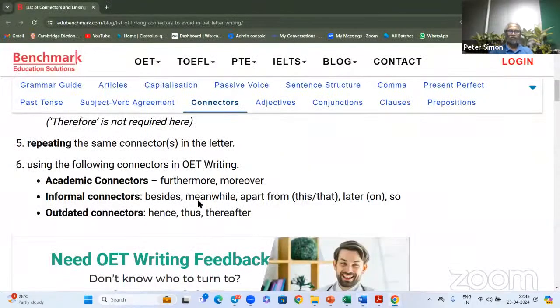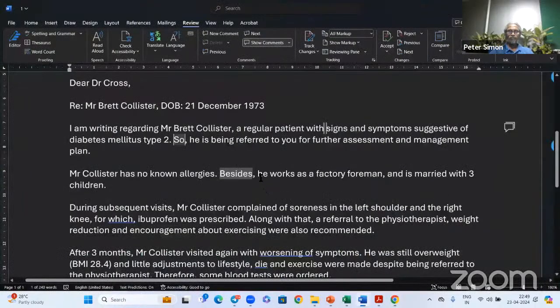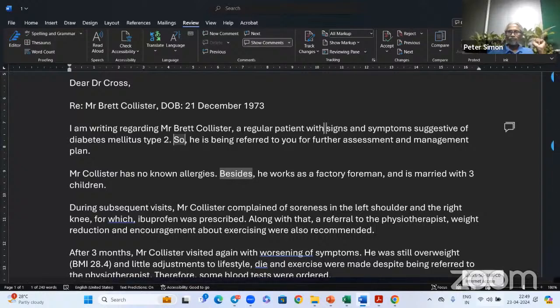Besides is an informal connector, so don't use it. Don't use the word besides. Then, he is being referred to you for further assessment and management plans.